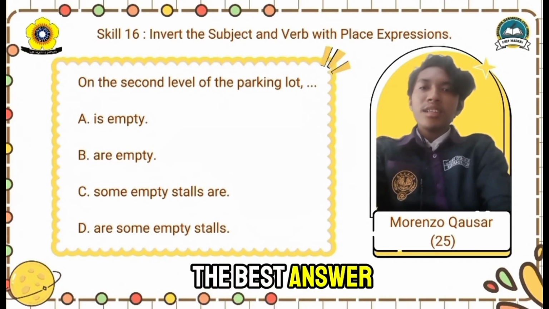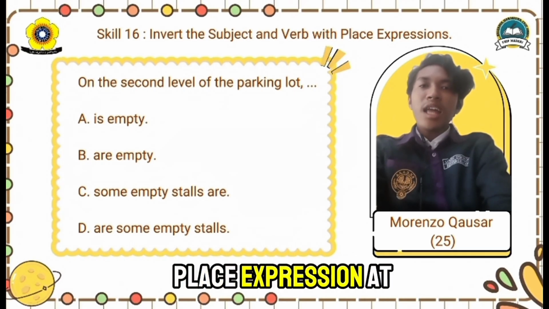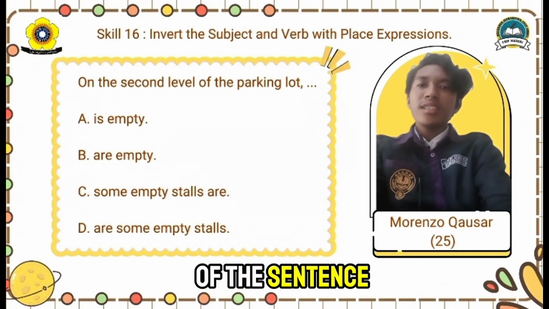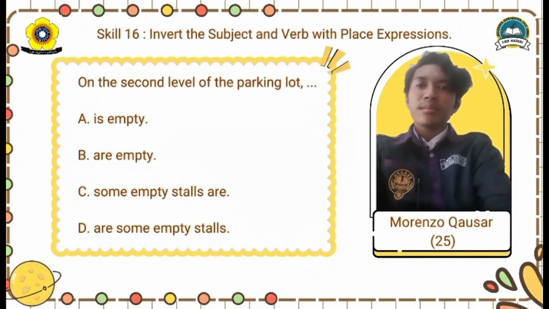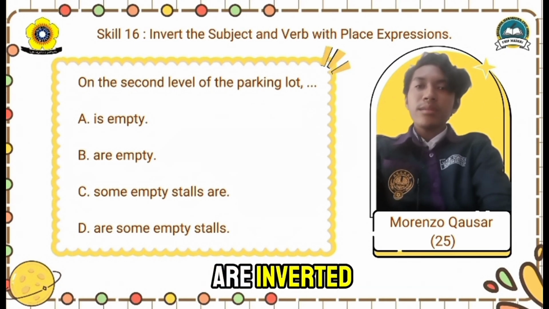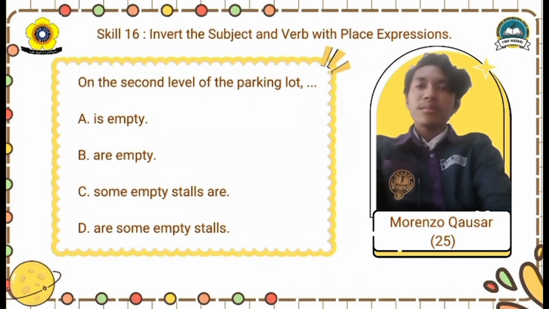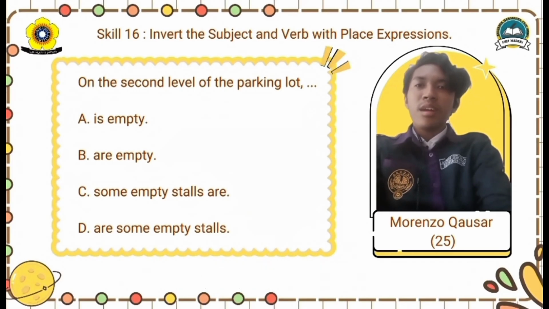The best answer is C. Remember, when a place expression at the front of the sentence is necessary to complete the sentence, the subject and verb that follow are inverted. Look at the question. The sentence begins with the place expression on the second level of the parking lot.